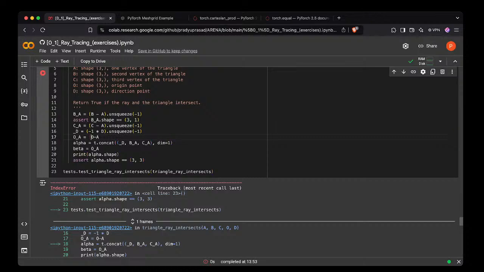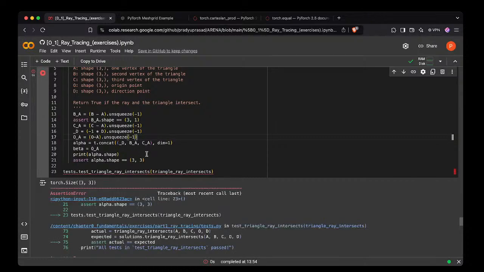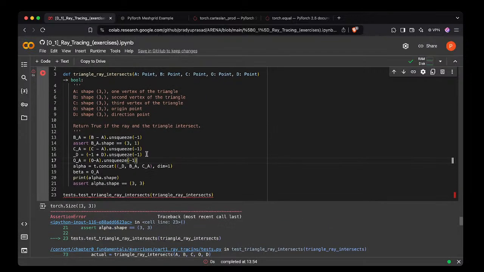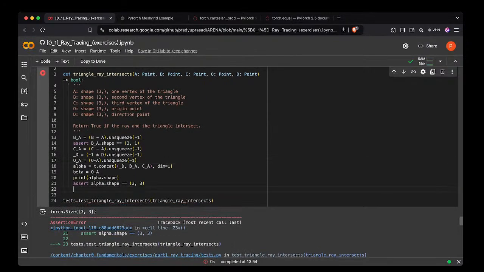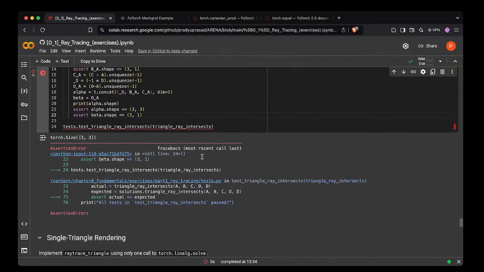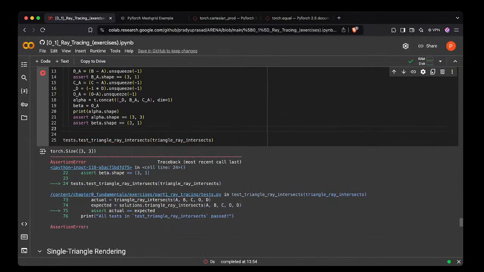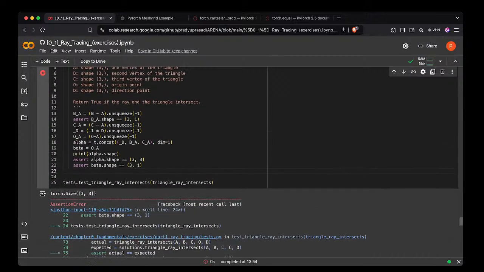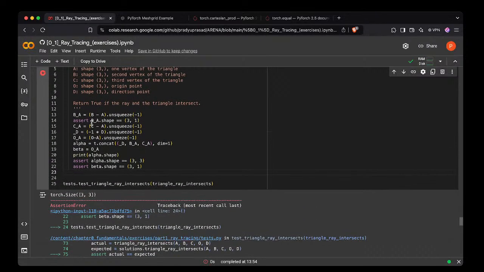Close. Oh, this is going to return false without question because we haven't written the boolean yet, right? And this is okay. Okay, now what we have to do is we don't need anything.